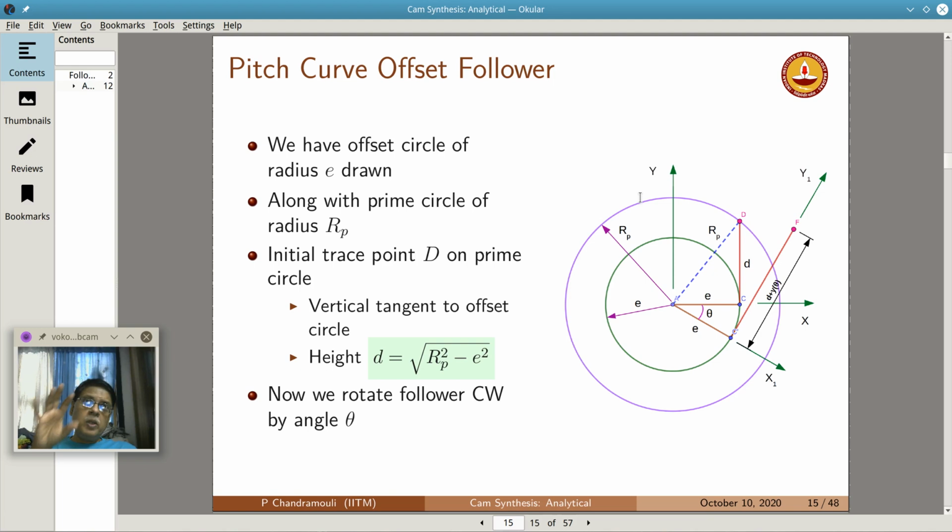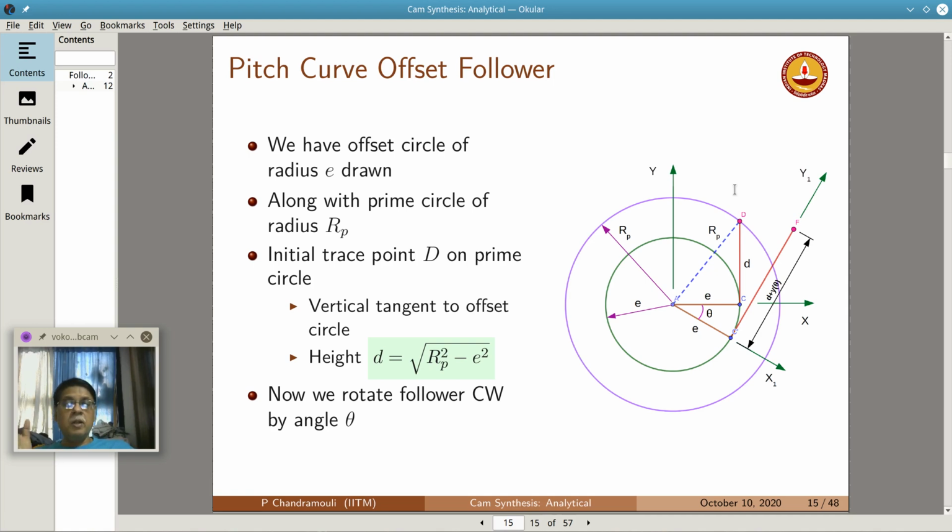Then we looked at an offset of 25 mm, so this green circle is the circle of radius E, 25 mm in this example, that we first drew in the graphical case. Remember that the translation axis is tangential to this green circle. Initially, the translation axis is out here in the fixed coordinate system, so it will translate up and down at this location. So this is what we will see.